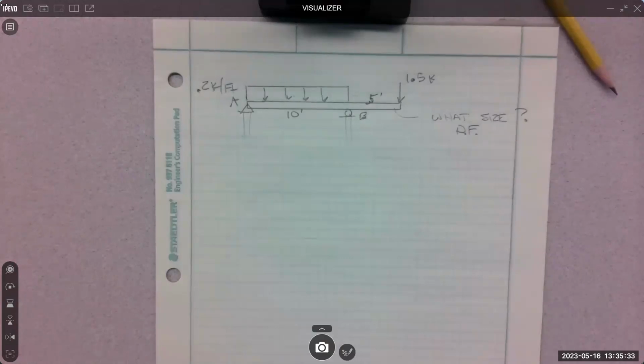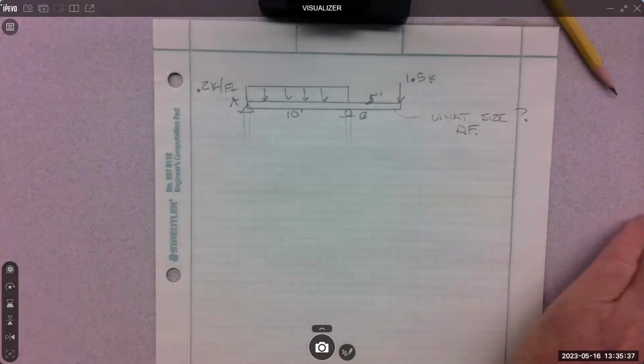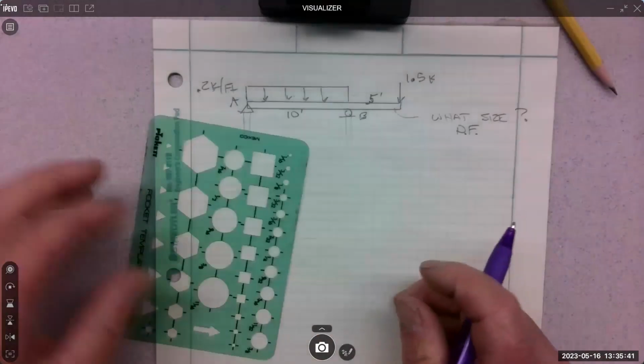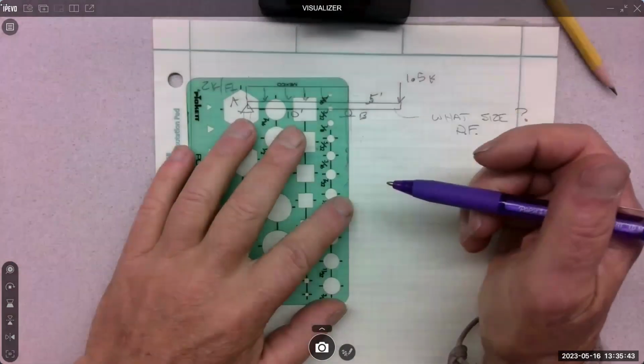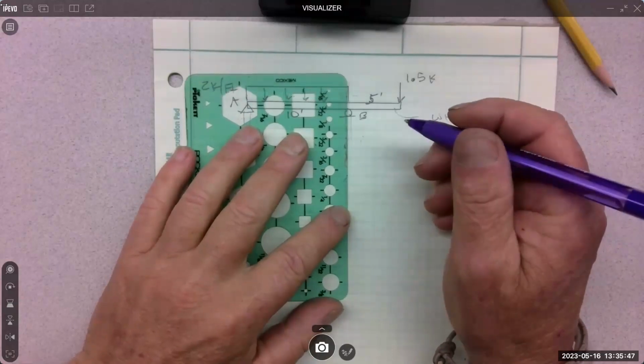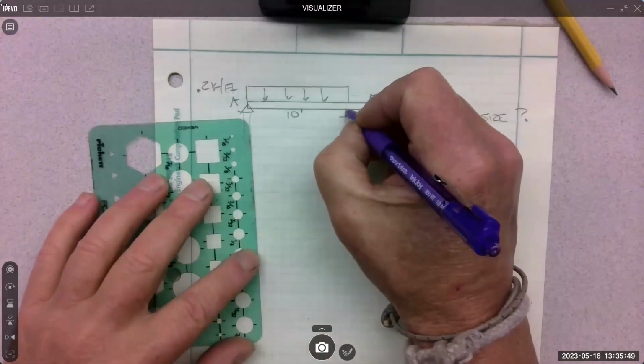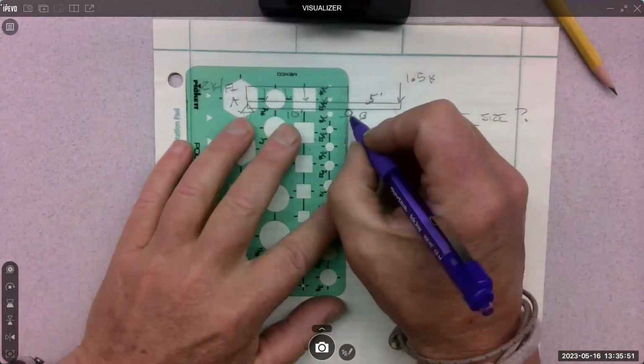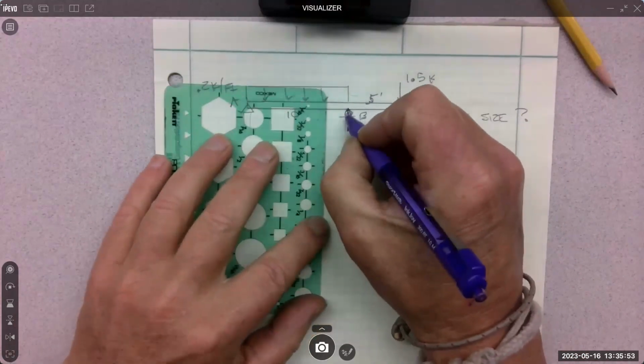What do we do first? Yeah, get the reactions in. How many for a roller? A roller. And what do you think? Up or down? Yeah, pretty sure that one goes up.